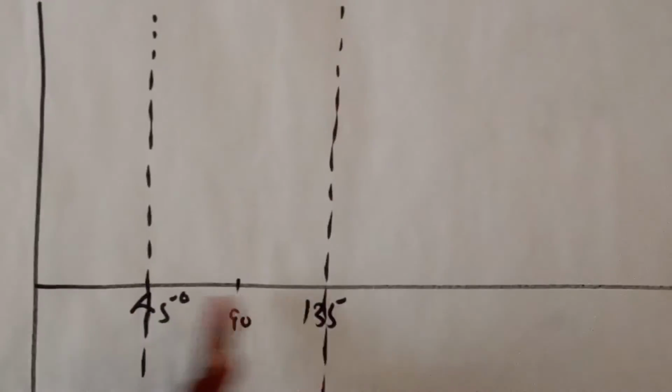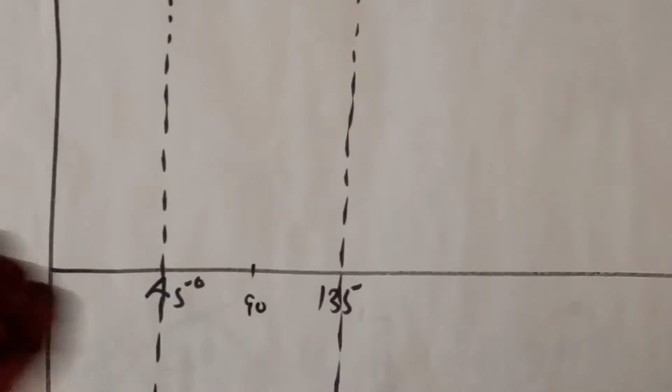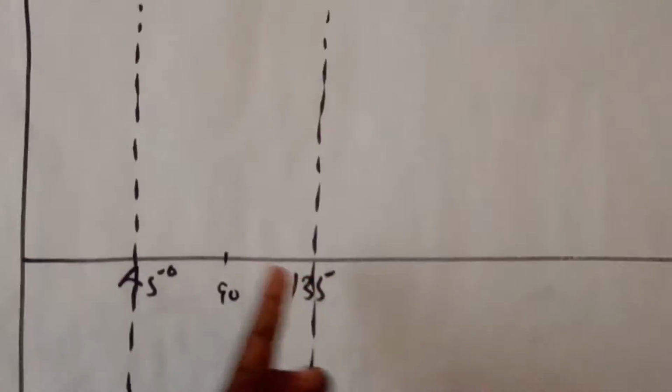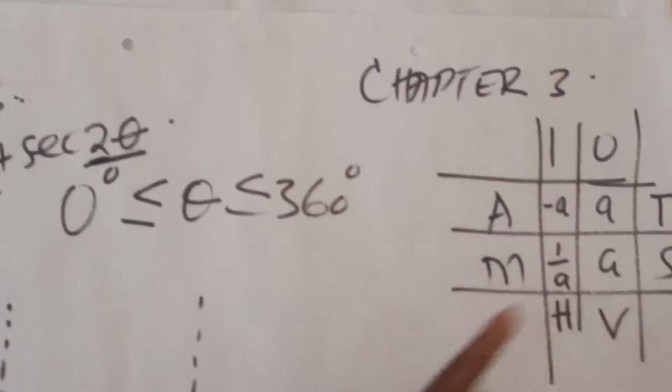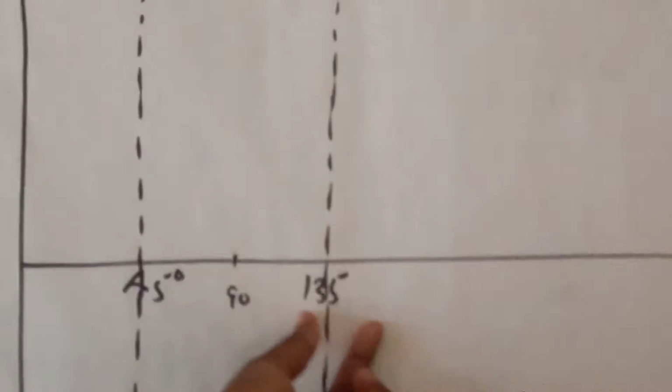And you can see now the interval from one asymptote to the other is not 180 degrees, simply because there is a multiplication of 1 over 2, and it is now 90. So the next asymptote is 135 plus 90, which is 225.